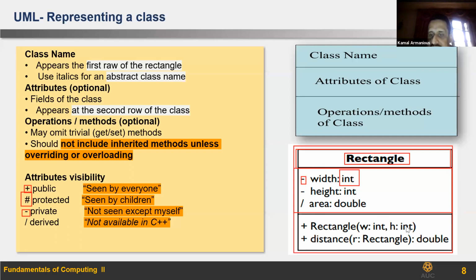W and H are the input parameters, and this is the data type of W. This is the data type of H. And then this function is called distance. And this function returns a double.